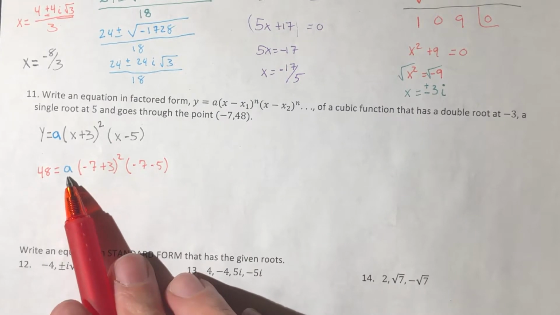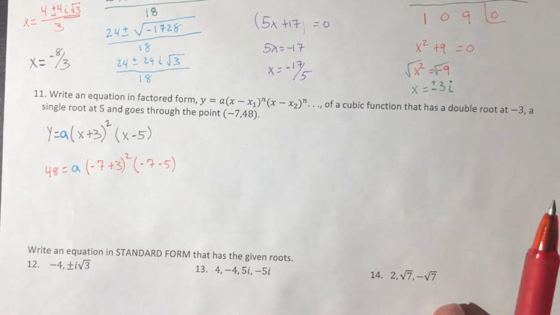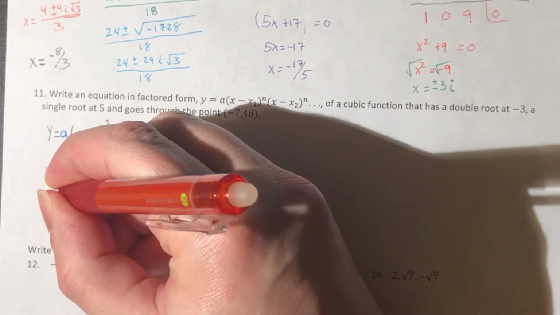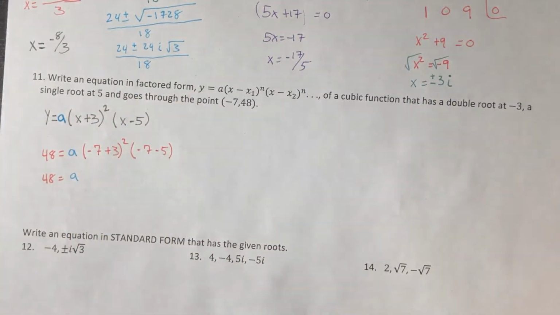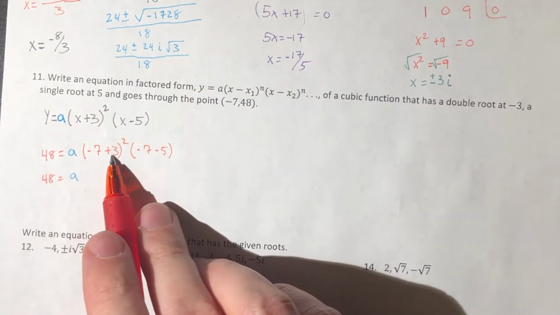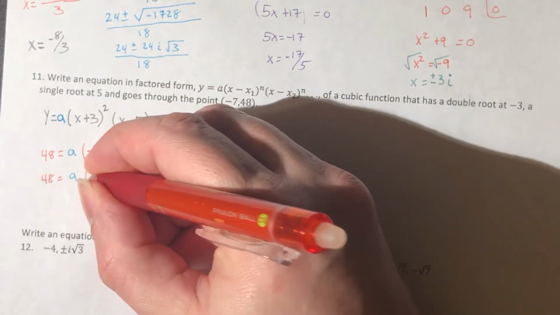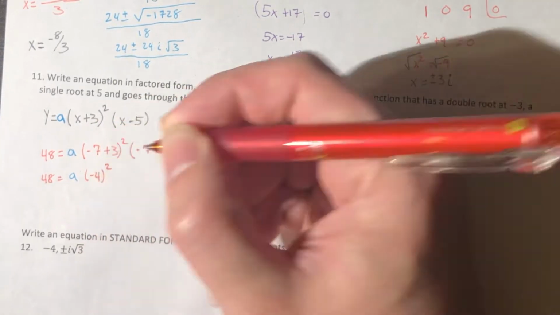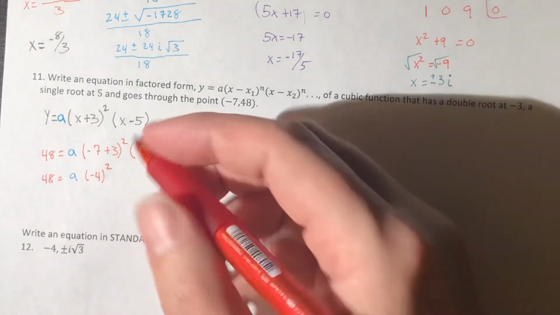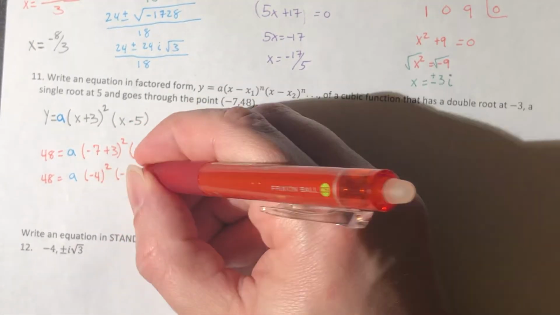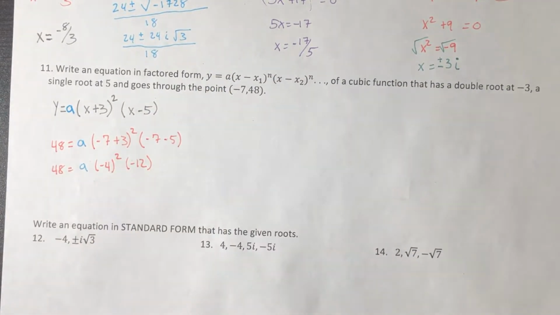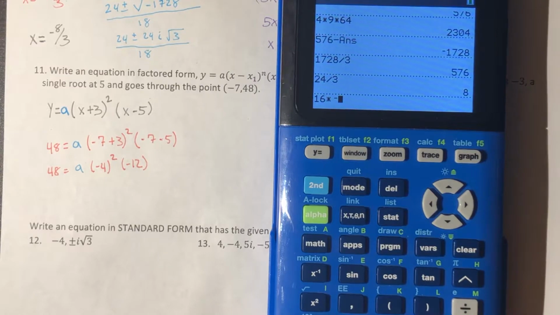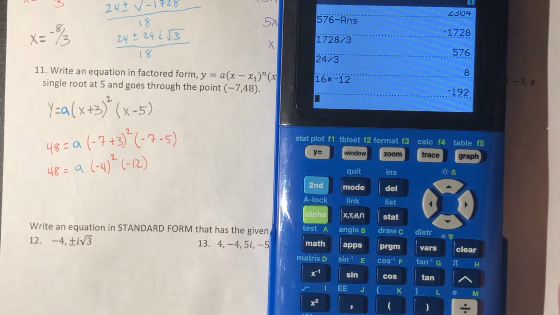Now I only am dealing with one variable, so I can just go solving for a. So I have 48 equals a. Negative 7 plus 3 is negative 4. That's going to be squared. And negative 7 minus 5 is negative 12. Well, negative 4 squared is positive 16. So 16 times negative 12 is negative 192.